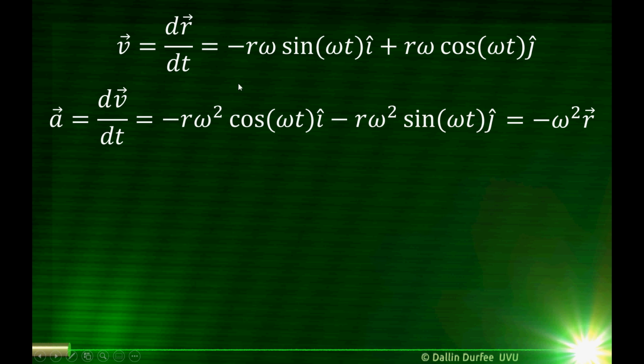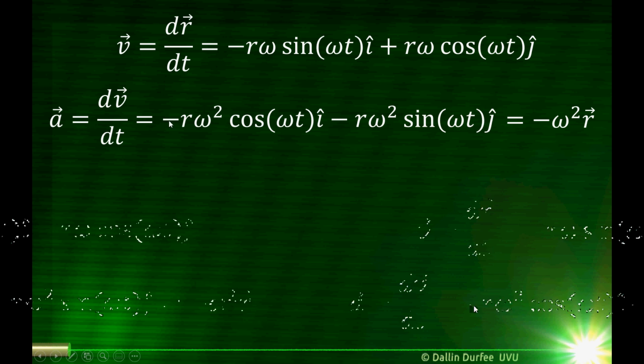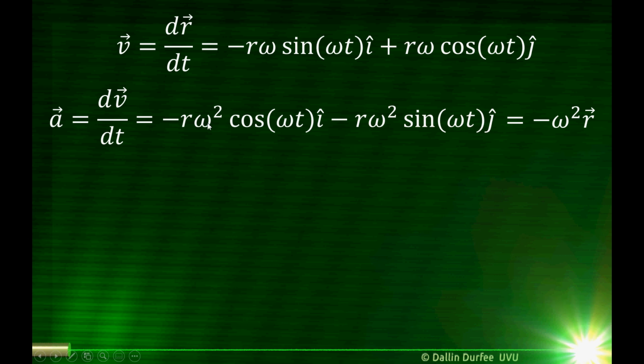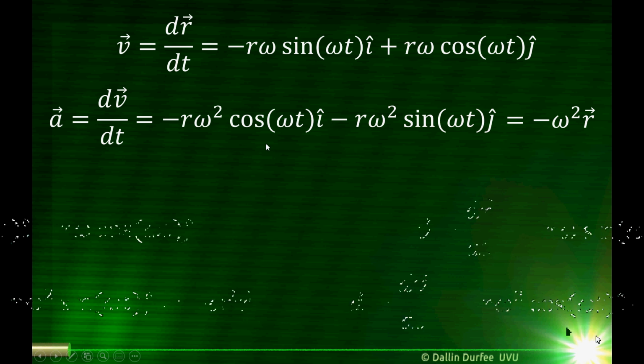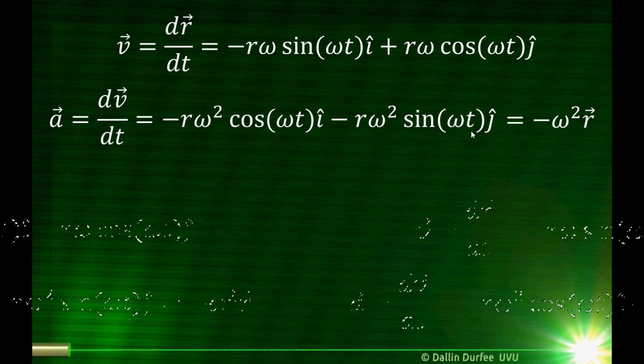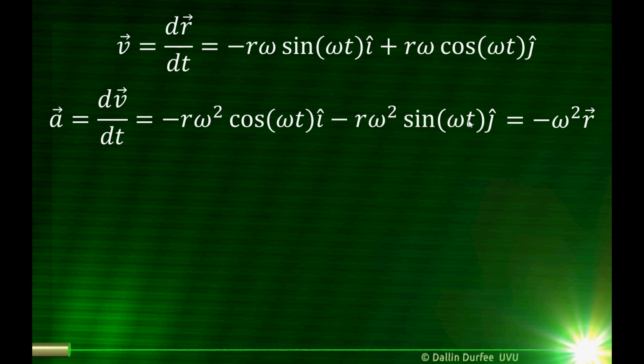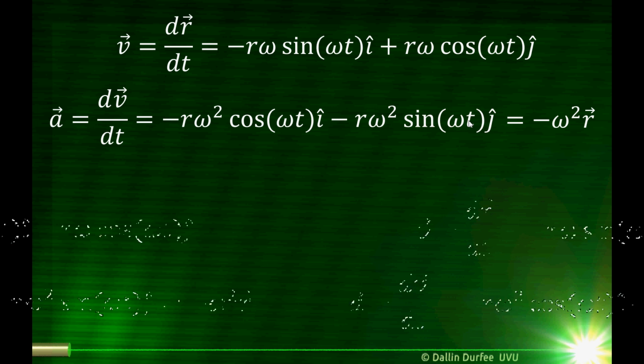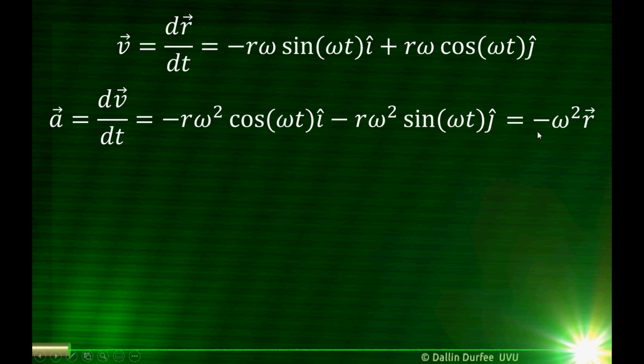The x component of our acceleration is just negative omega squared times r cosine omega t, but that was the x component of position. The y component of acceleration is just negative omega squared times r sine theta, but r sine theta was just the position, right? And so the acceleration vector is just minus omega squared times the position vector.